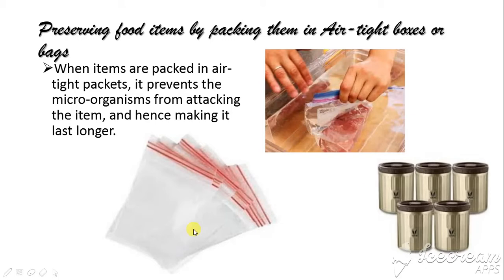meat in a Ziploc bag, for which you have to take a container in which you should put water up to the rim and then put the food item which you want to vacuum pack in a Ziploc bag. Close the bag and leave a little bit open and put the bag into the water, and then because of the water's pressure, air will come up and get released from the bag.